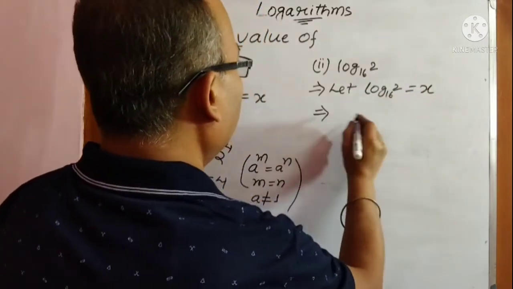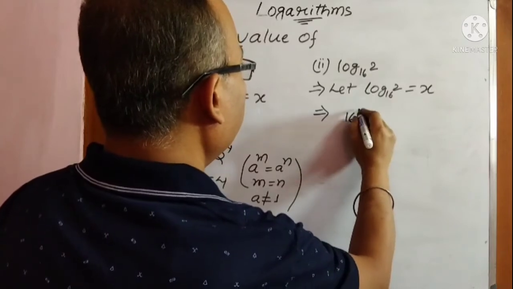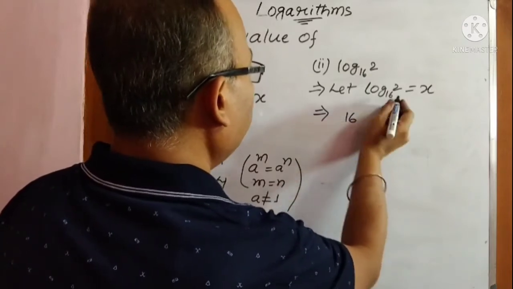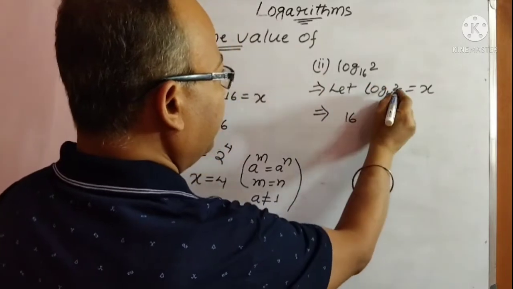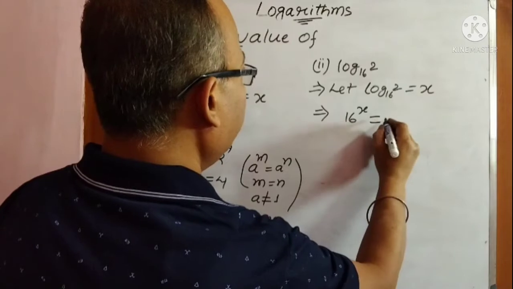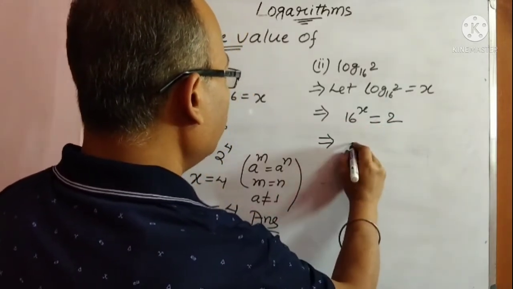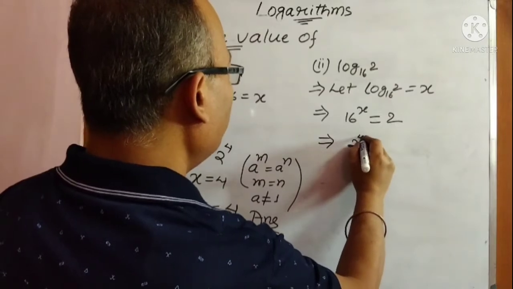So, just convert it. So, 16 will rise up and x and 2 will interchange their position. So, 16 to the power x is equal to 2. So, 16 you can write 2 to the power 4.